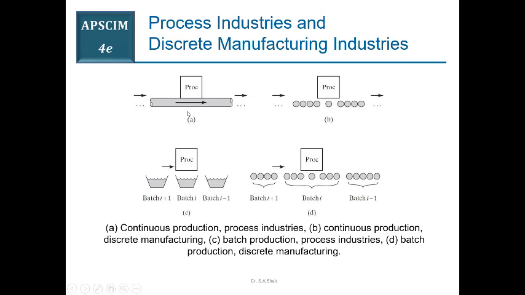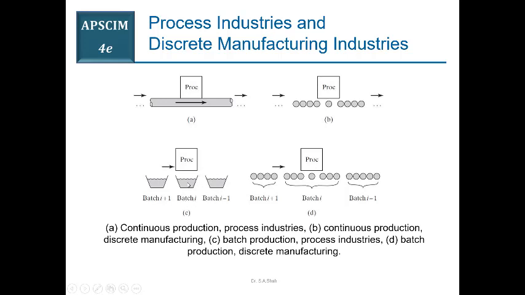it is a schematic view showing the difference between those two categories of industries. So A, B और C, D को अगर आप देखें तो A is continuous production for processing industry. So the flow of raw material will be continued within the processes. B is continuous production of discrete part manufacturing. So you will have individual products that will be processed and will go further. Batch production को अगर आप देखें तो it can be within the processing industries.